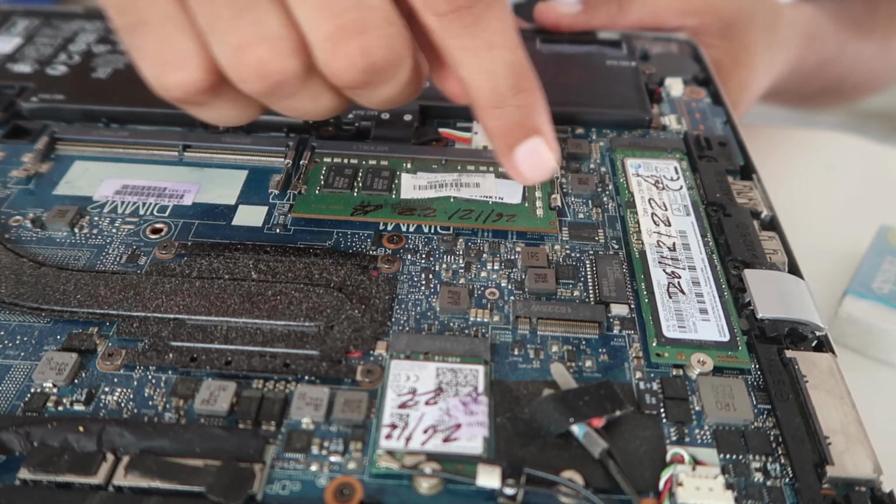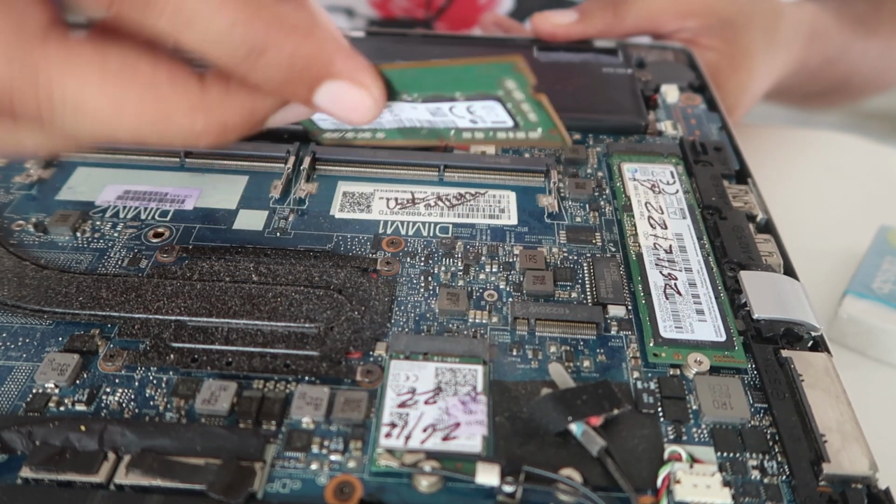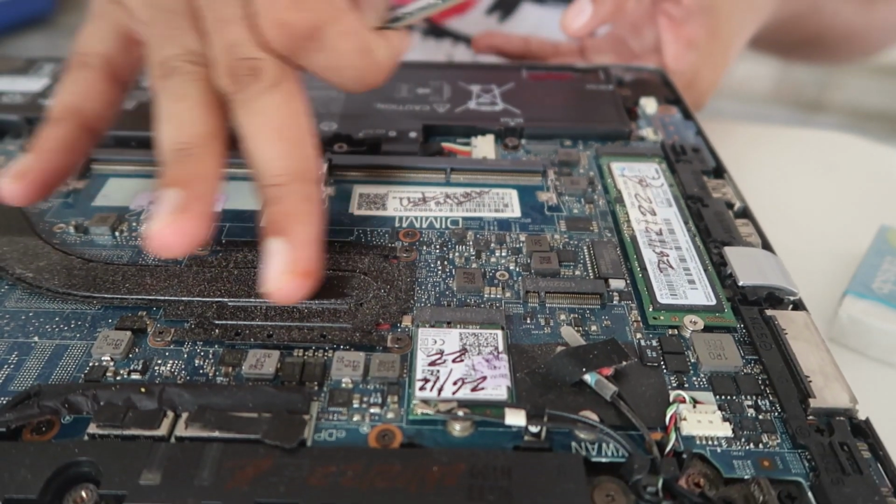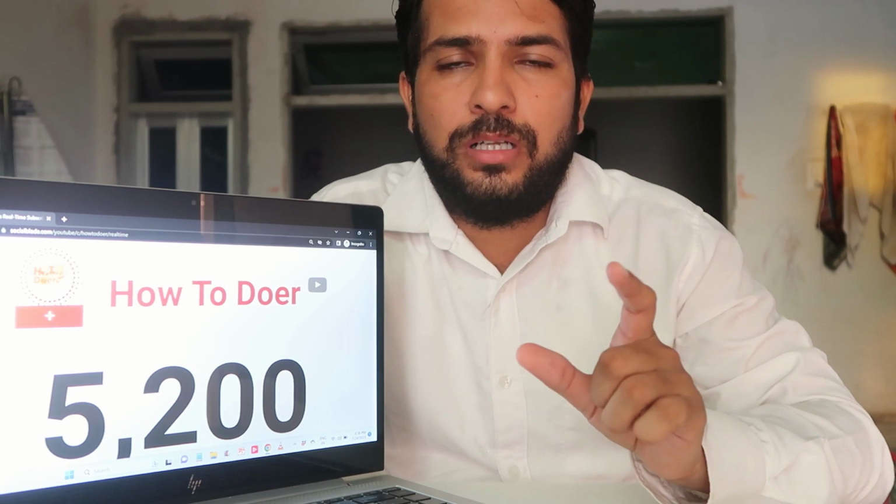So you have to buy the same model, same serial numbers, almost the same model number and the same company's RAM with the same capacity. If you are using 8 GB RAM in your system, then you have to purchase another 8 GB RAM, and after that install them.